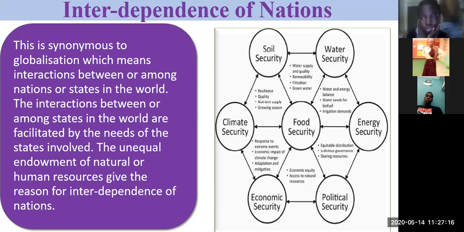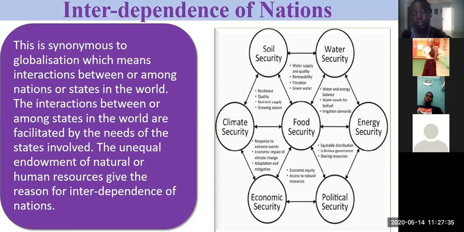Abibat. Sir. Are you with me now? Do you get what interdependence of nations means now? Yes, sir. Okay. I believe those of you that hide your face too, you already know what interdependence of nations means. Akisemoy, are you there? Yes, sir. Are you following what I've been explaining since? Yes, sir.